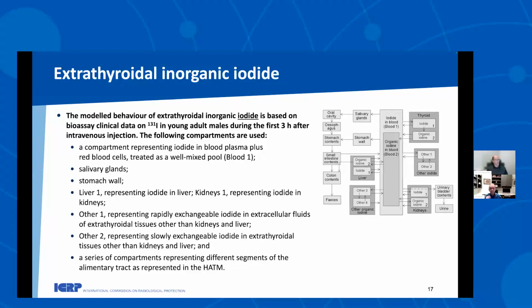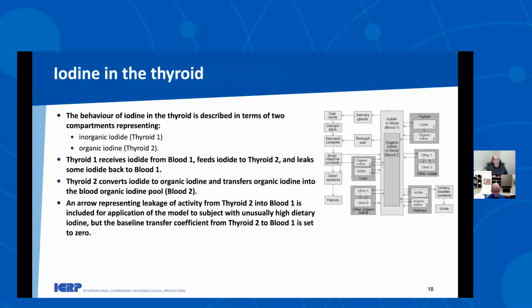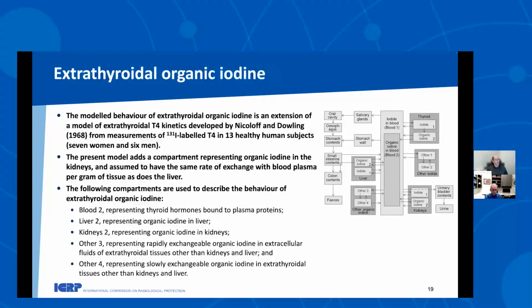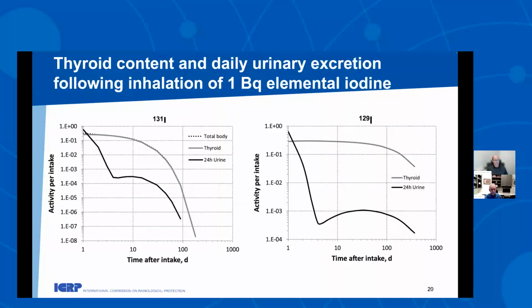The model will also include compartments for iodide in the systemic circulation, a number of compartments. Compartments for iodine in the thyroid, which we discussed just previously, the behavior of iodine in the thyroid, and also extrathyroidal organic iodine in a number of compartments. Let's have a look at model predictions.